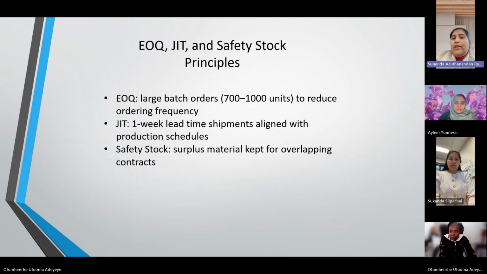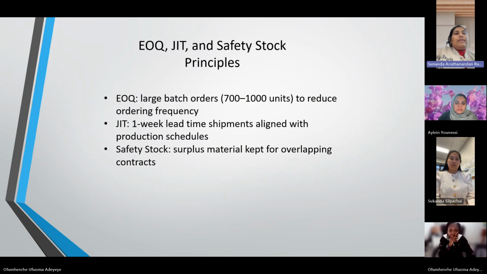Looking at safety stock principles, EOQ and JIT for our process, first we need to strengthen supplier quality reliability. In the simulation, we noticed major differences between vendors, especially when contracts required higher grade materials. We used formal supplier scorecards and consistently evaluated suppliers on cost, quality, reliability, and lead time.